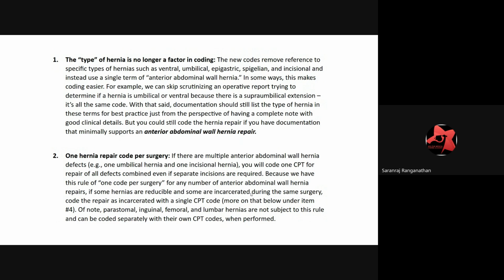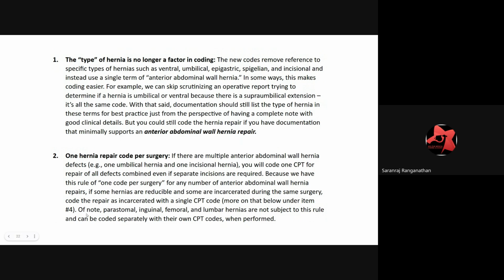Then for any number of anterior abdominal wall hernia repairs, if some hernias are reducible and some are incarcerated during the same surgery, code their repair as incarcerated with a single CPT code. More on that below under item 4. So they have given the detailed explanation in the fourth one.